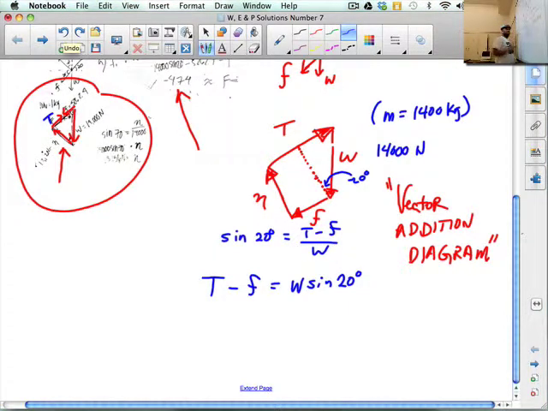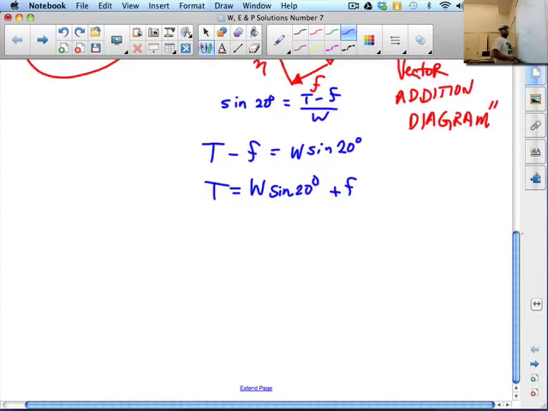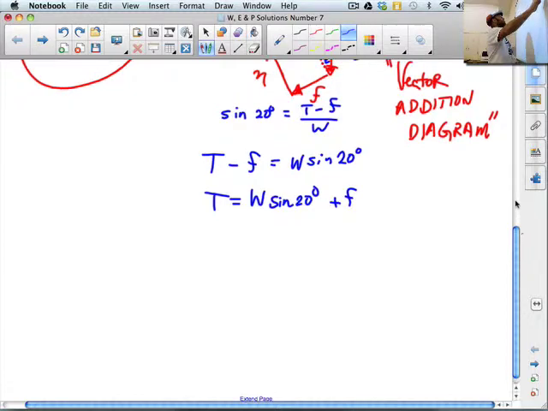So when I multiply both sides by weight, I get this, and therefore tension is going to be W sine 20 plus friction force.